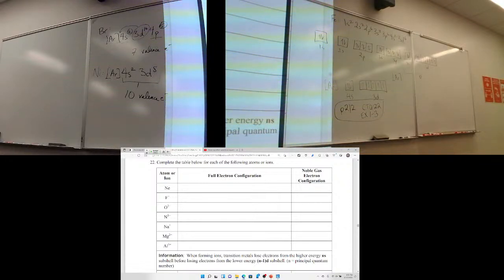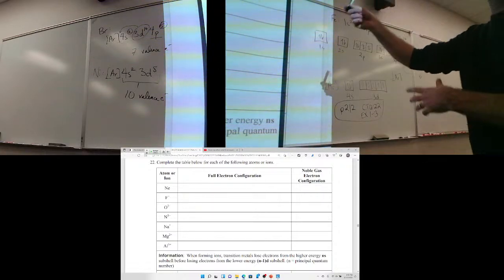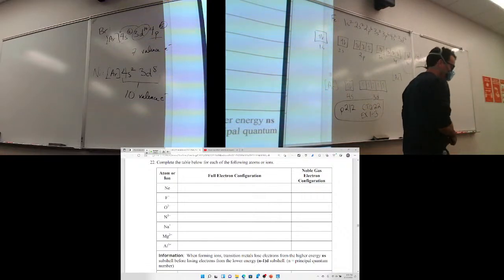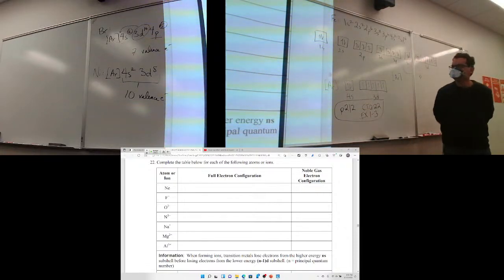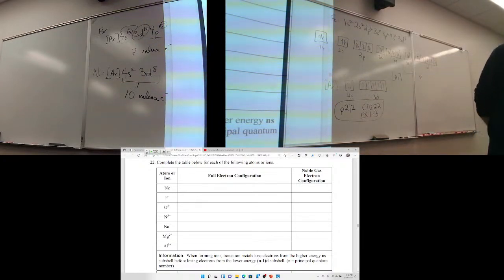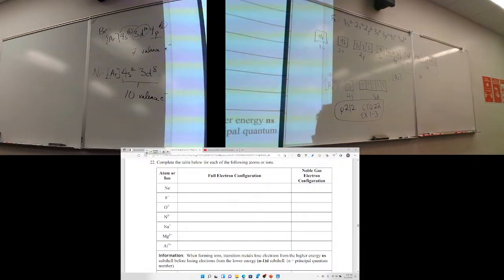So the first couple in the block should be normal, like what you're used to seeing. It's the ones lower down that are going to be the trickier ones. And the noble gas electron configuration, that's the same as the condensed electron configuration. Literally just write the noble gas bracket. That's enough.